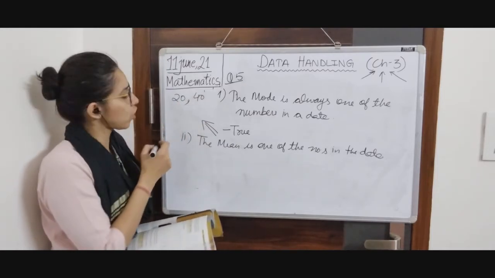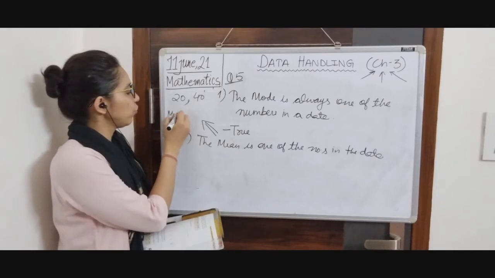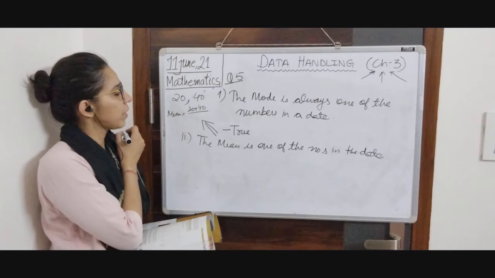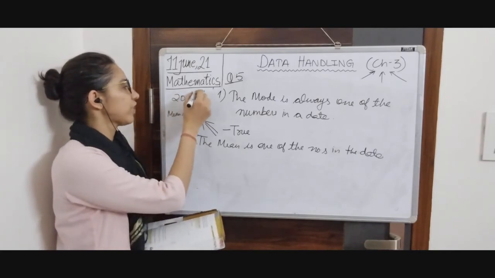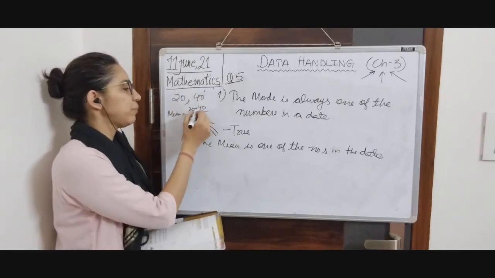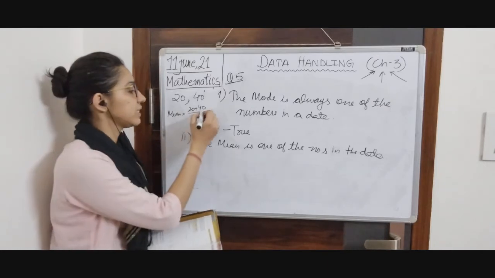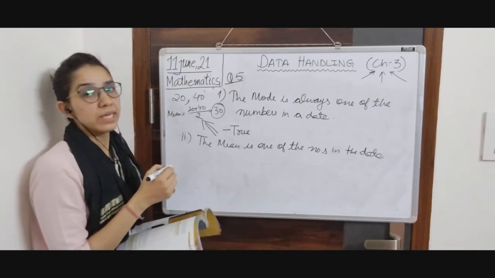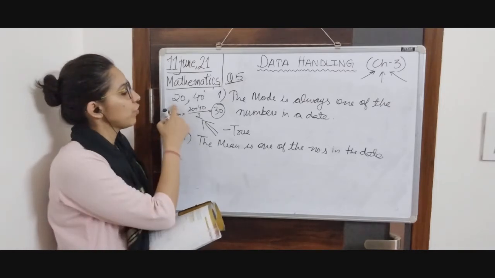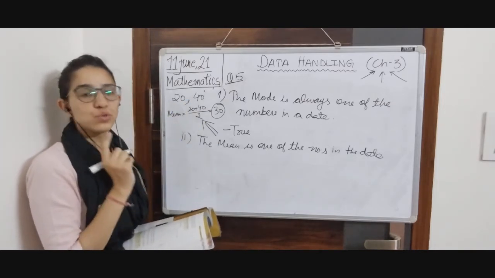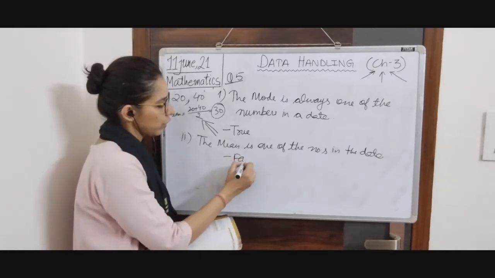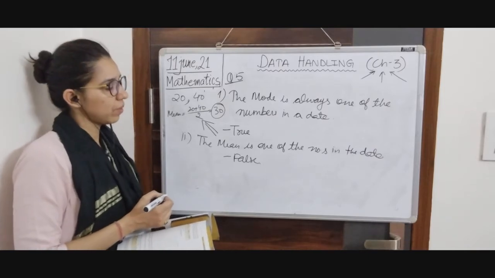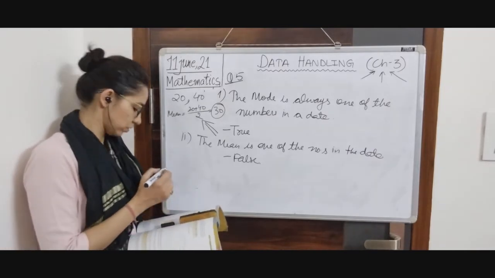Find the mean for these two observations. Mean is going to be the sum of observations, that is 20 plus 40, divided by the number of observations, which is 2. So 20 plus 40 is 60, and 60 by 2 is 30. Your mean came out to be 30. Is 30 one of the numbers in the data? The answer is no. So your statement is going to be false. It can be any of the numbers. It can be outside the data also.